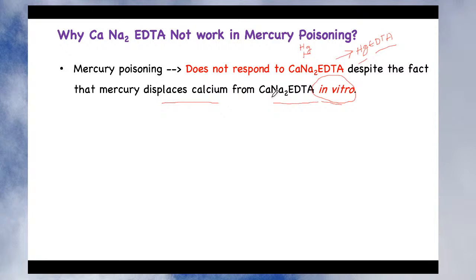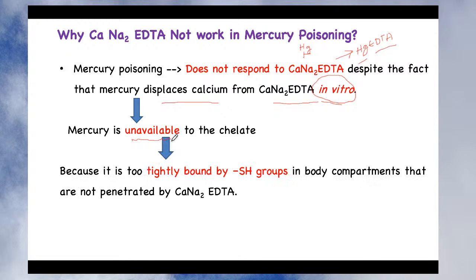But in vivo, when you are actually giving it to the patient, and not just mixing in a test tube, it does not form the chelation. Why not? Because the mercury is unavailable for chelation when given to the patient.